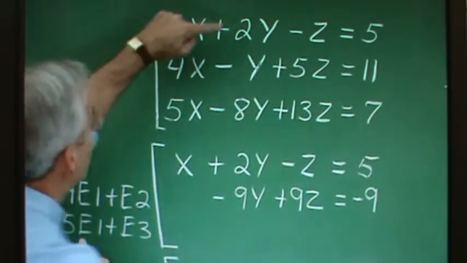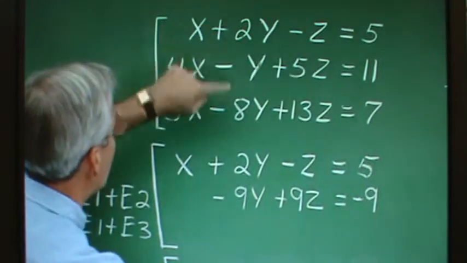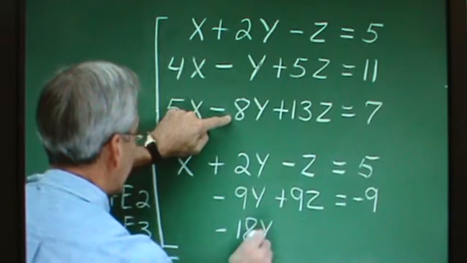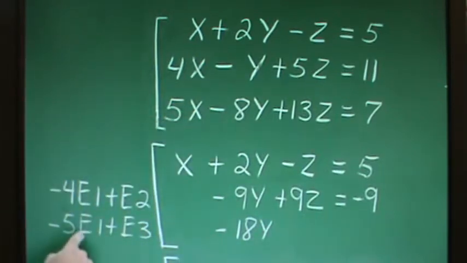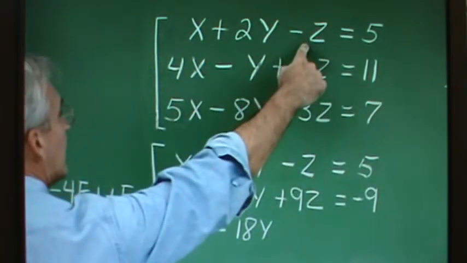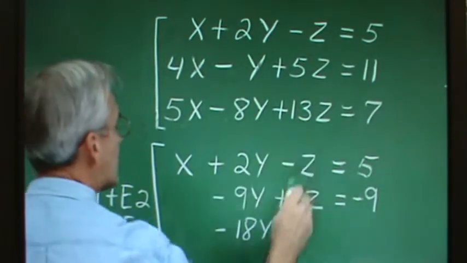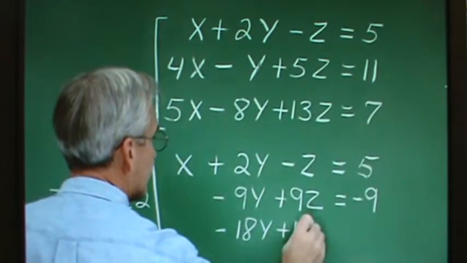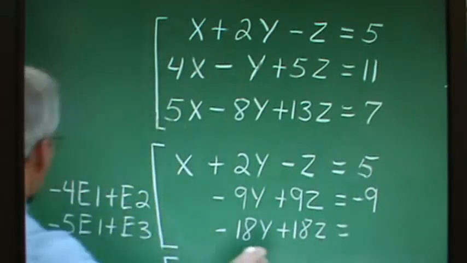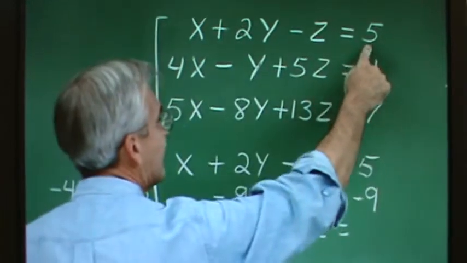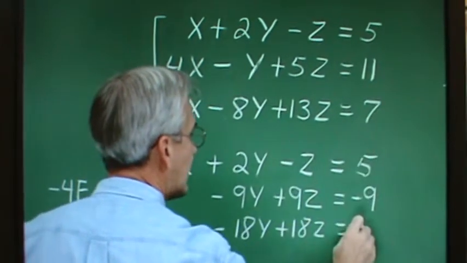Then -5 times 2y is -10y, with -8y is -18y. Then -5 times -1, that's 5z, plus 13z, that's 18z. And then -5 times 5 is -25, plus 7 is -18.